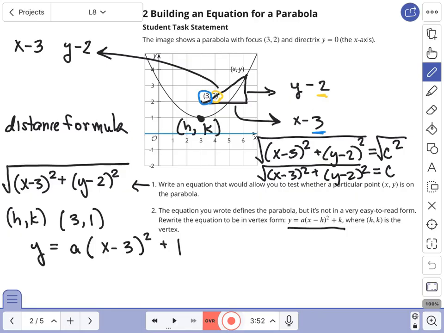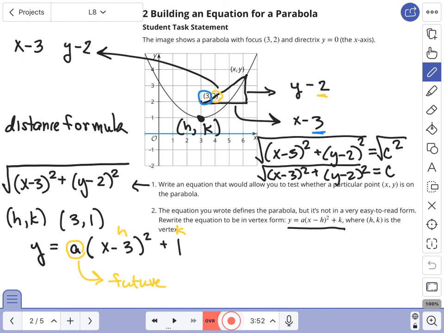So I've told you a little bit through that little whiteboard, lots of algebra going on. We have here y equals a times x minus 3 quantity squared plus 1, where this is h and that is k. Now a is something we are going to deal with. We'll be able to find it in a future lesson.